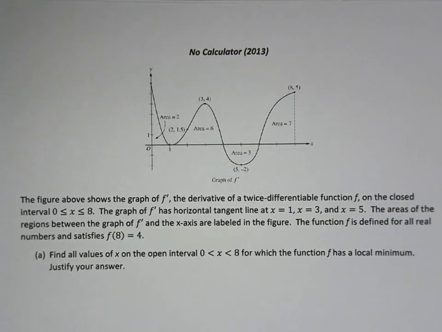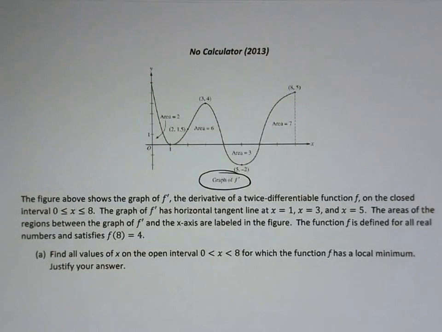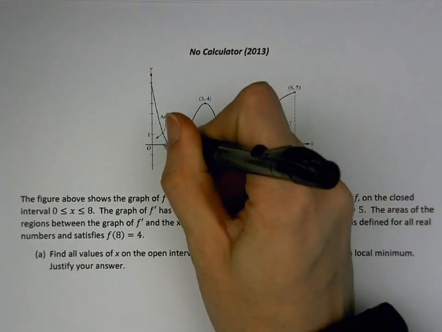Okay, so for this one we have the figure above shows the graph of f prime. Again, let's go ahead and take note of that. Again, make sure you're very purposeful to identify it. The derivative of a twice differentiable function f on the closed interval 0 to 8. The graph of f prime has horizontal tangent line at x equals 1.